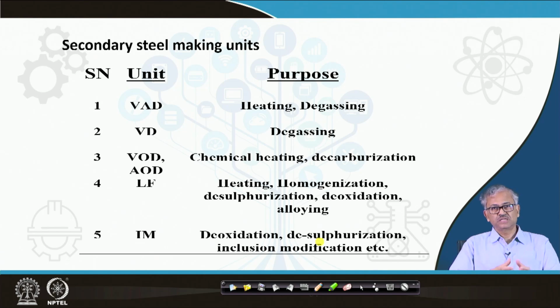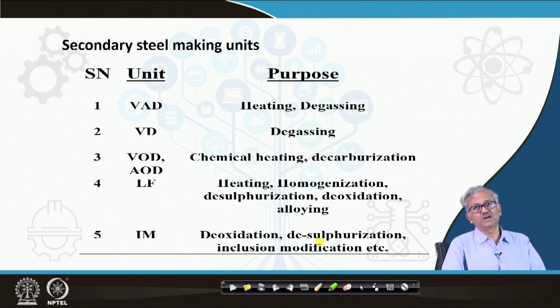That is called injection metallurgy, because in most cases you cannot dump these alloying elements or calcium powder at the top. The thing is that calcium is highly reactive and also volatile. So, you cannot just spray or dump the calcium powder on the surface, as it will not be utilized. So, in most cases, highly reactive and volatile material that you want to react with the steel, you have to inject rather than dump at the top. So, that is why injection metallurgy came.